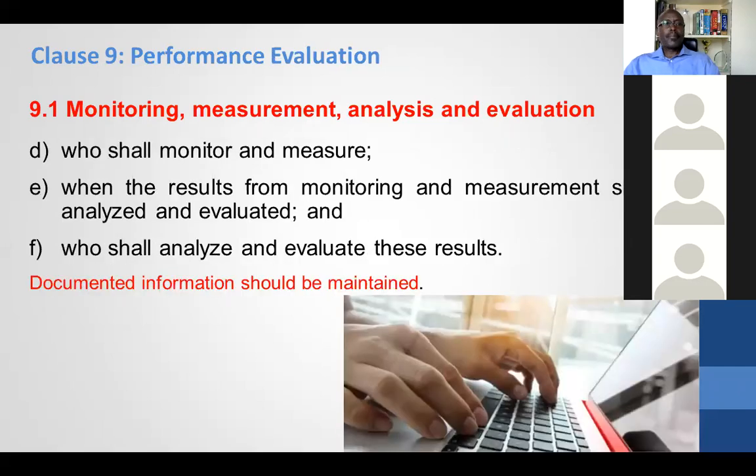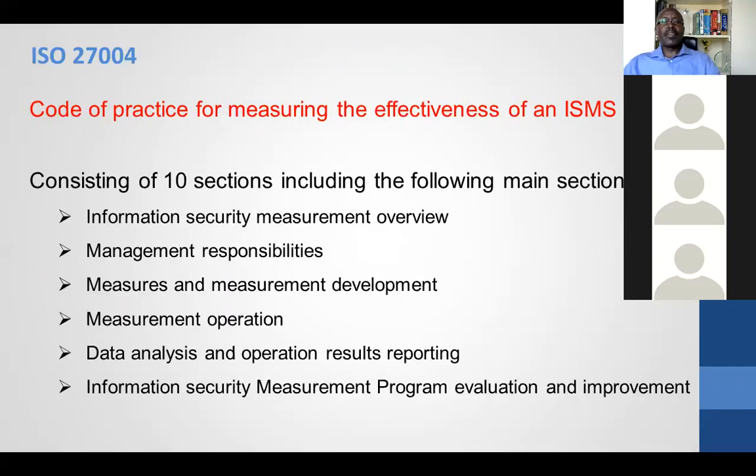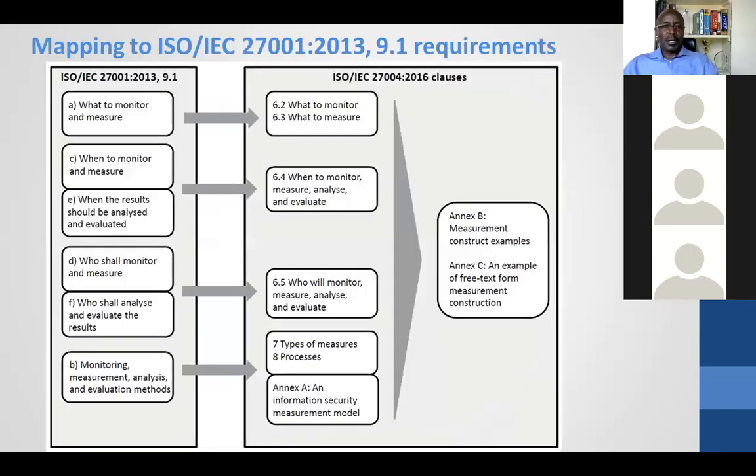Then ISO 27004 is a standard that can help you with the management of the performance management. And it has 10 sections, and it is able to give you a good guideline of exactly how you can be able to implement performance management.